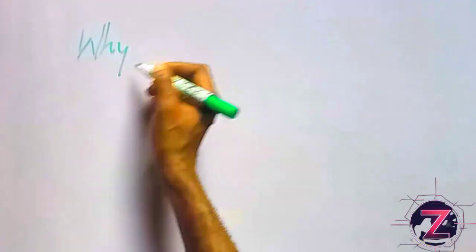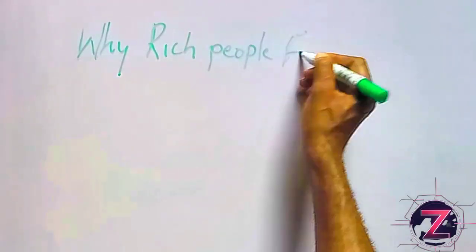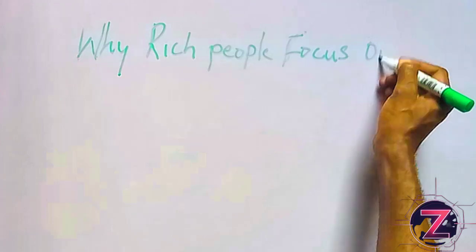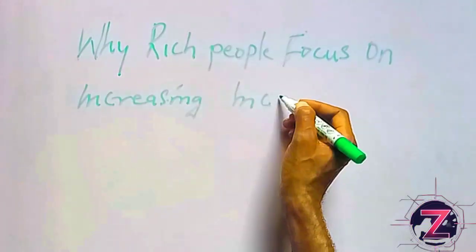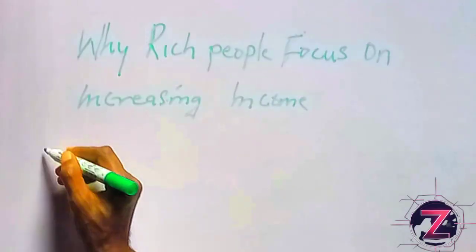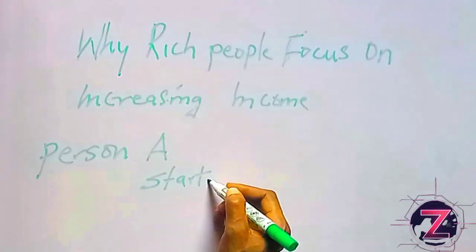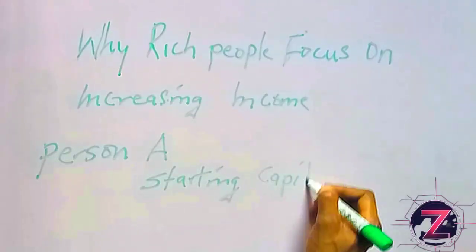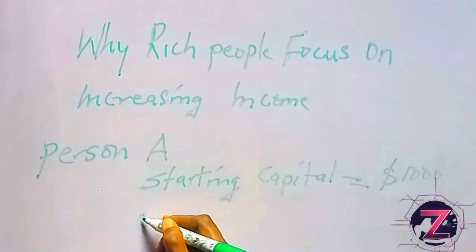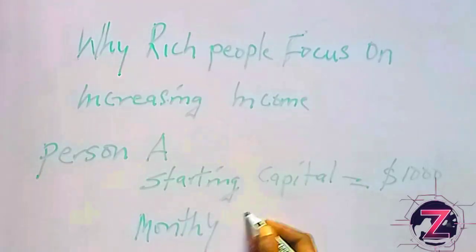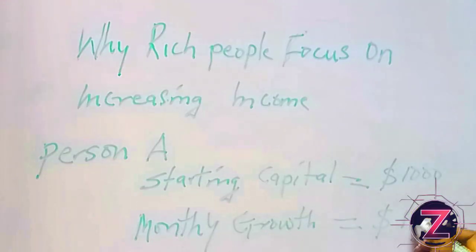Here is why rich people focus on increasing income. We're going to consider two characters here. Say person A with a starting capital of $10,000, monthly growth of $100.